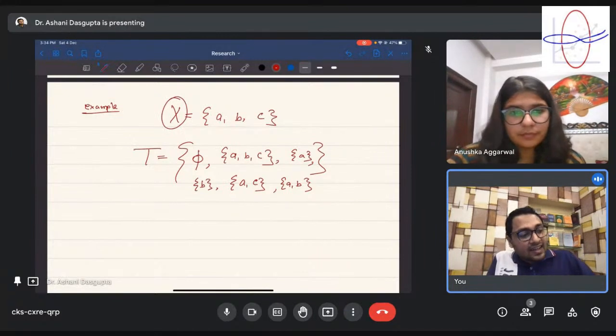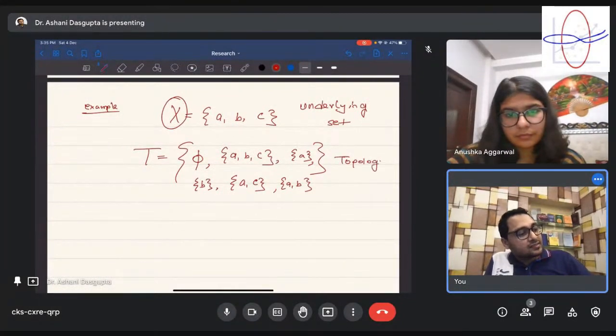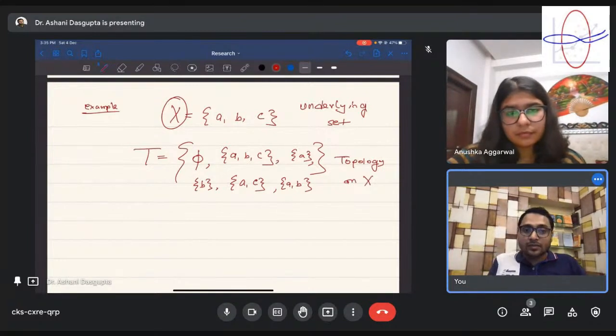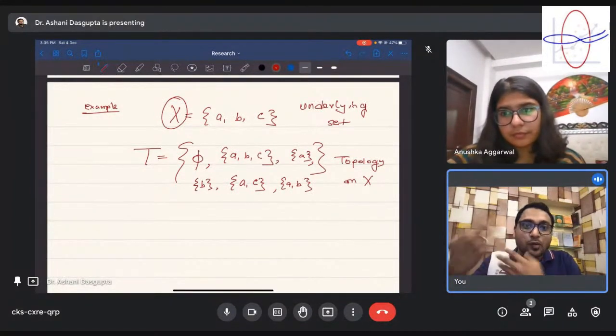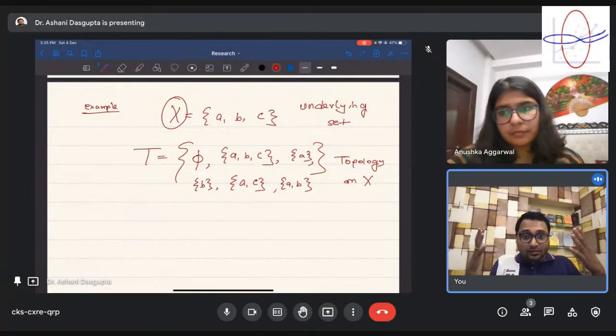X is the underlying set and T is the topology on X with all the desired properties. So this is how you can handcraft a topology given a set. It's not complicated at all. It's very simple.